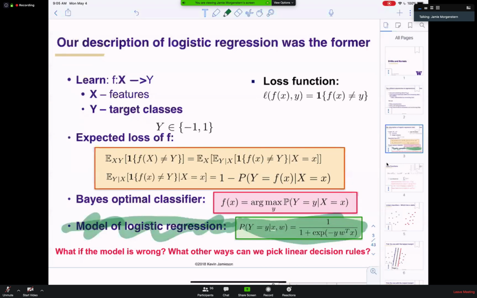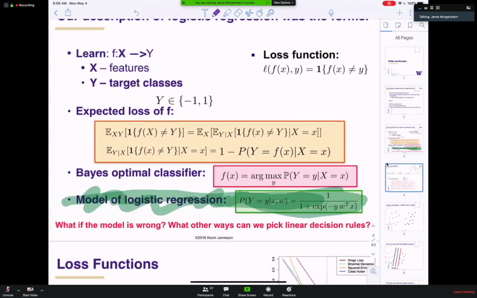And that's a maybe pretty natural assumption, but it may or may not be correct. So it may be the case that some other data generating process actually governs the relationship between X and Y for our particular data set. So if these assumptions are wrong, then some of the guarantees that we argued about earlier don't necessarily hold. So we'll think about another way to pick linear decision rules today.